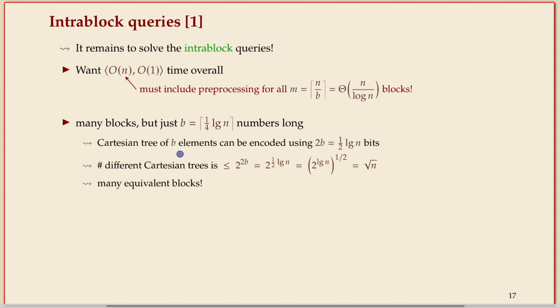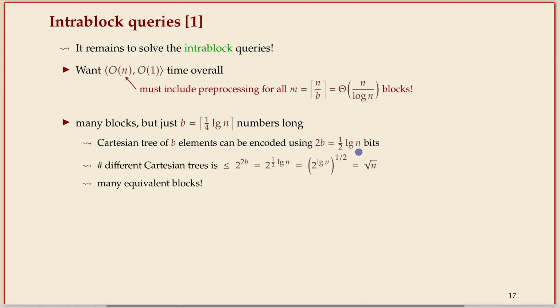Because we reduced it to such a tiny range, all the different options condense to 1 out of the Cartesian trees for b elements, and we know there are at most 2 to the 2b such Cartesian trees. That's what we used our little tricky tree encoding for. So each of these Cartesian trees can be encoded with 2 times b bits. And if you just work out the math, that is half log n.